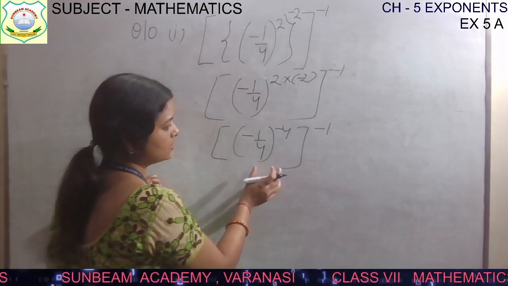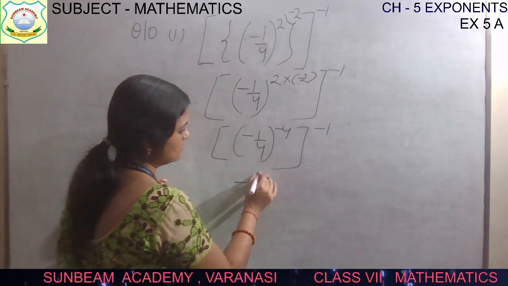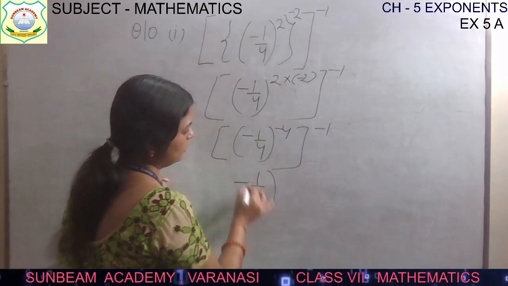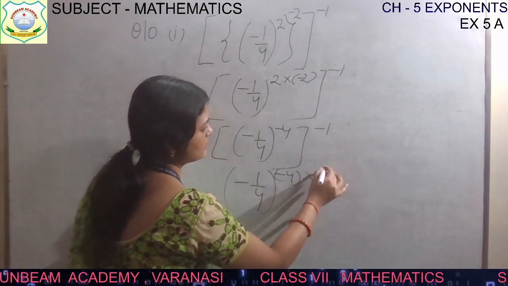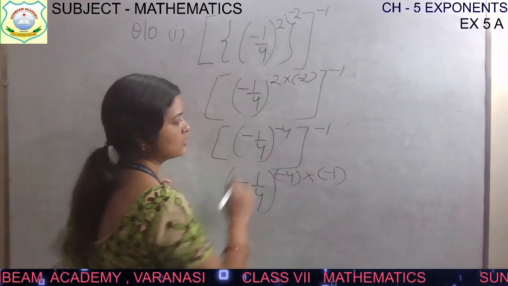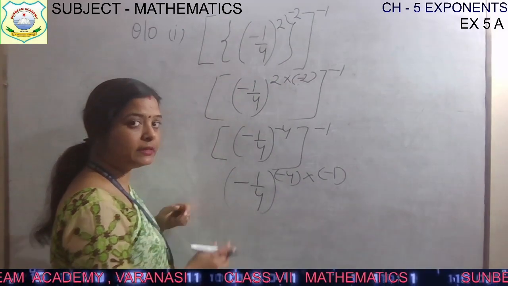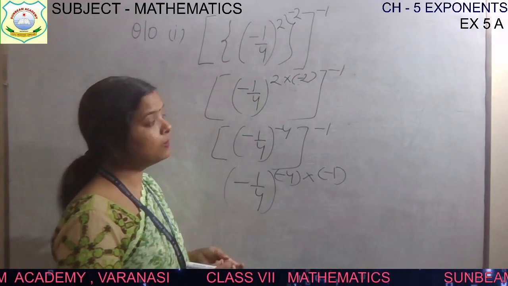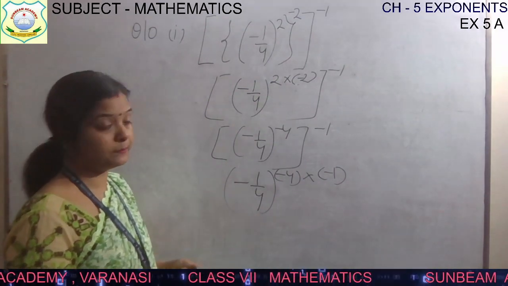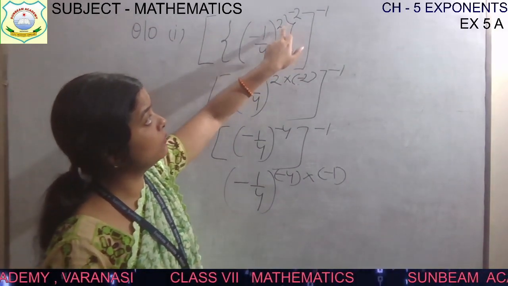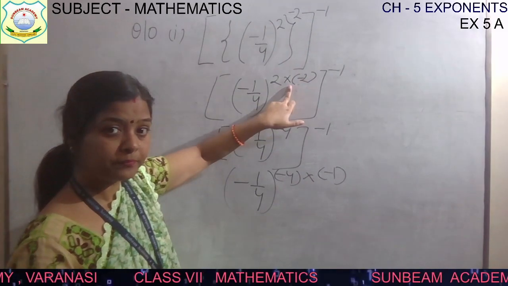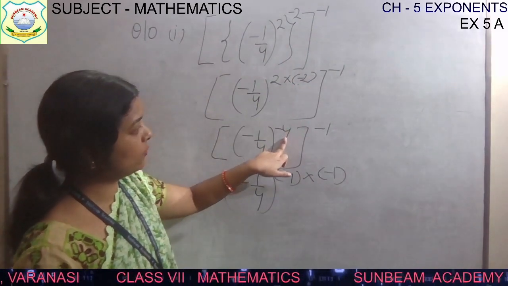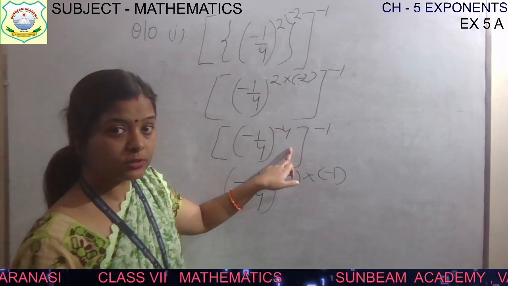When you open it, children, minus 1 by 4 to the power minus 4 into minus 1. Power will multiply with the power. Why? Because the brackets are there in between them. इनके बीच में bracket है. 2 and minus 2 के बीच में bracket है. So it will multiply. Same way, minus 4 and minus 1 के बीच में bracket है. So it will multiply.